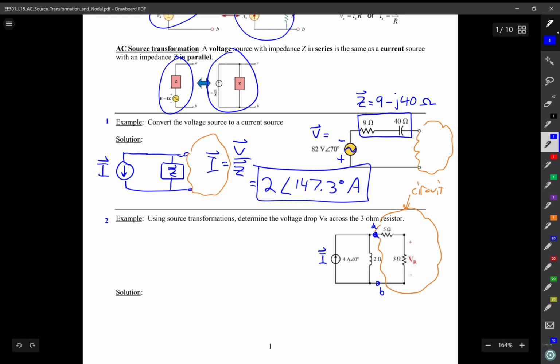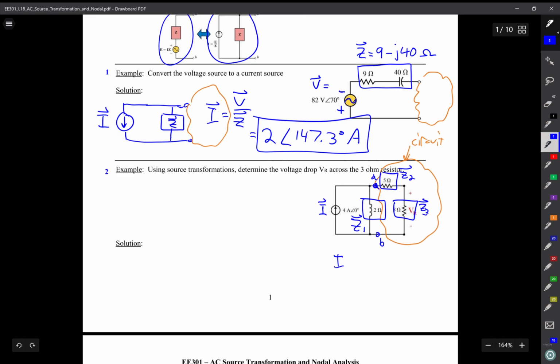Okay, so what I can see here is I'll label things. I like to label things before I do any problems. I'll label this one Z1, I'll label this one Z2, and I'll label this one Z3, and I'll identify them below. Let's say that I is equal to 4 with an angle of 0 amps. I see that Z1 is purely inductive, so that's a 0 real part, plus j2 ohms because it's an inductor.